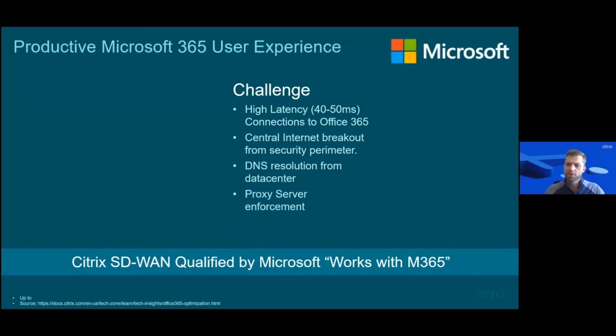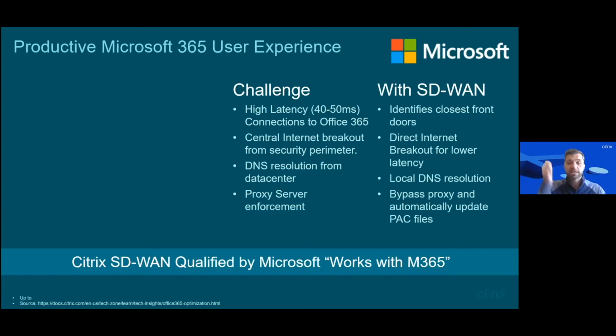And they also had a proxy server in place, and for any of these connections they had to traverse this for better security. So some users reported a latency of up to 50 milliseconds. After installing SD-WAN in all their branches and even the homes of some of their users, great for executives and call center, the experience improved immediately.